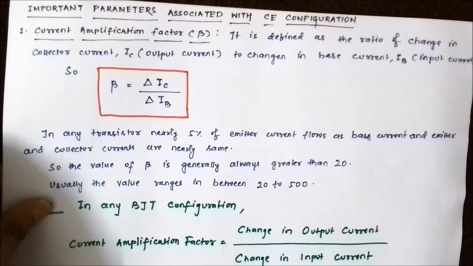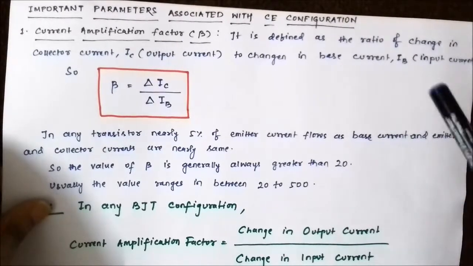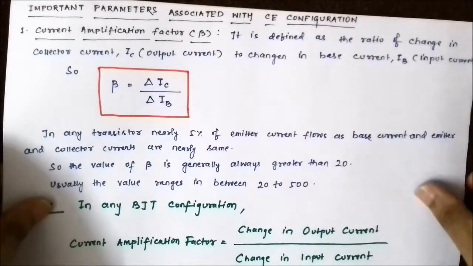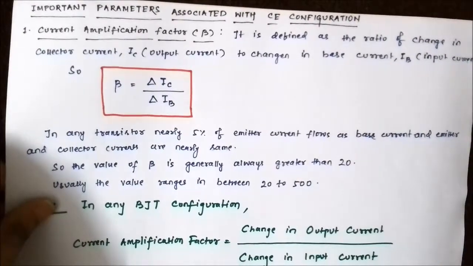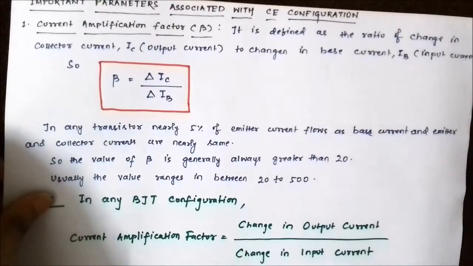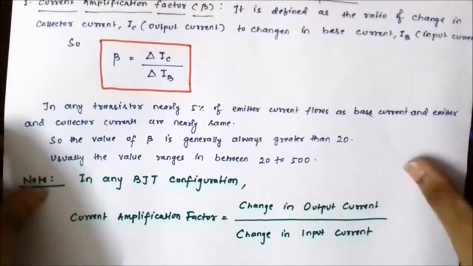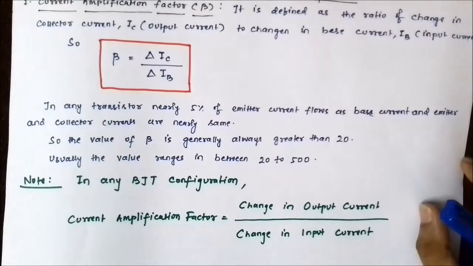So here the beta value for common emitter configuration, that is the current amplification factor, normally always lies above 20. It's always greater than 20 and falls in the range of 20 to 500. Whereas in the common base configuration, the alpha value was always in the range of 0.9 to 0.999, because the collector and the emitter currents were nearly the same.